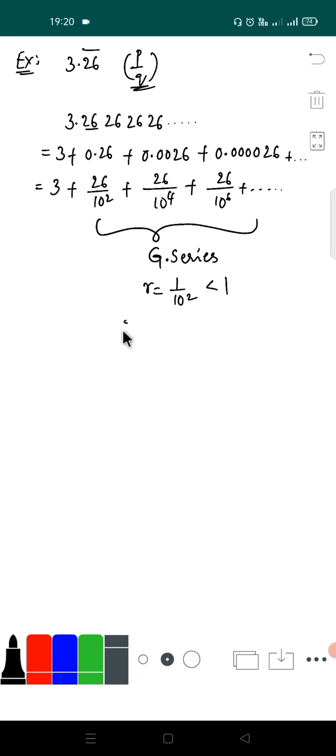Here our a is 26 divided by 10 square, this is our initial term for this series. 3 plus is there, and we are trying to find the sum of all the terms in the series.